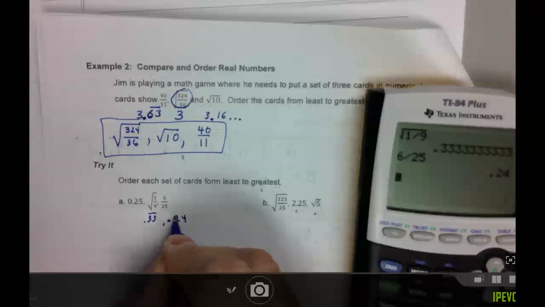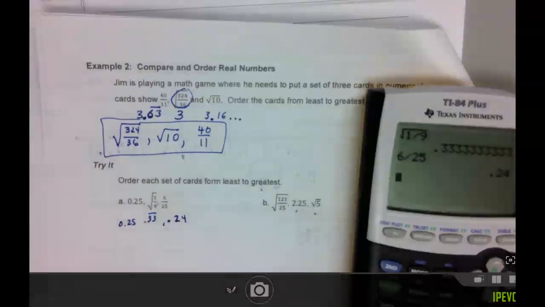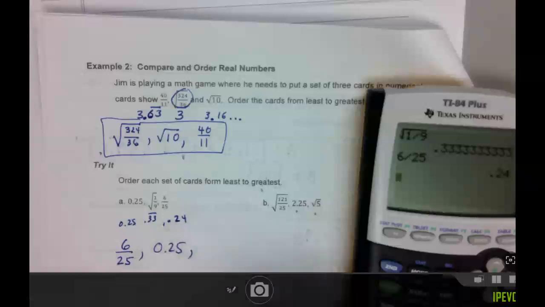And then I've got 0.25. Least to greatest. So which one was the smallest? 0.24 is the smallest, isn't it? So write it in its original form. And then it's 0.25, correct? And then the last one was what? The square root of 1/9. So there it is in original form, least to biggest.